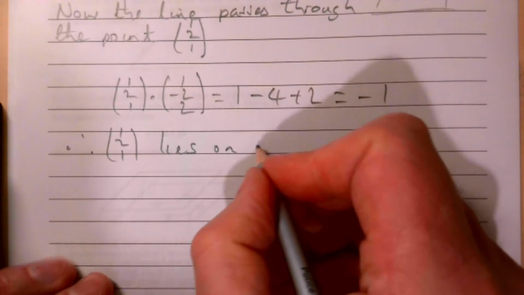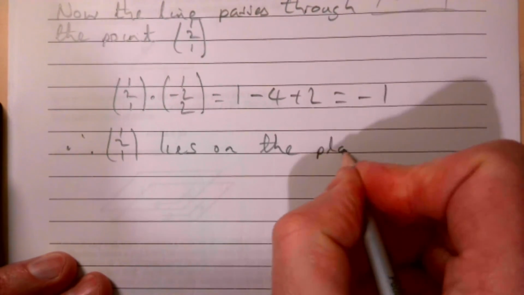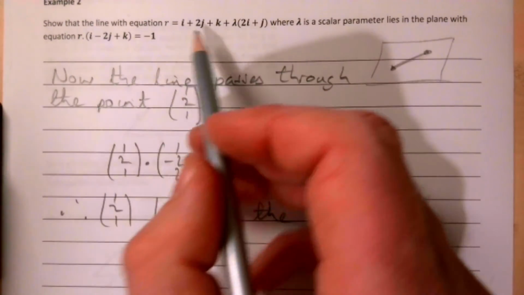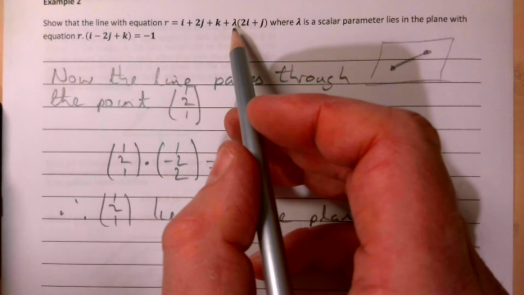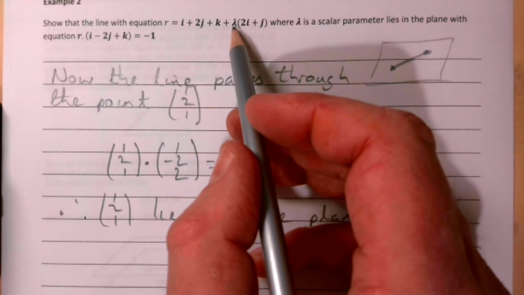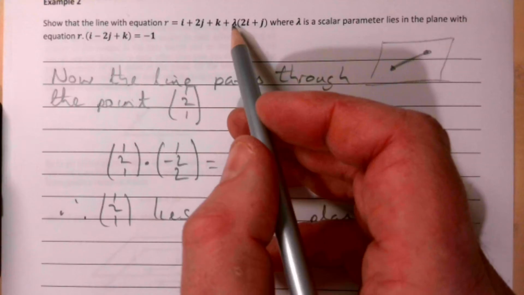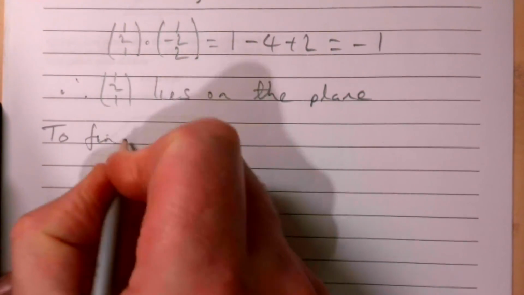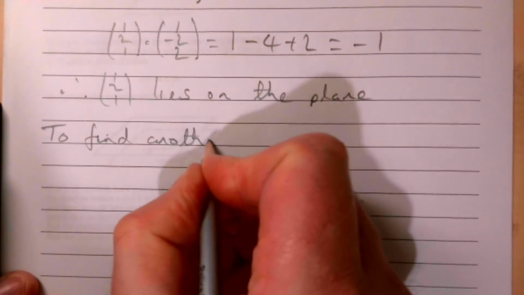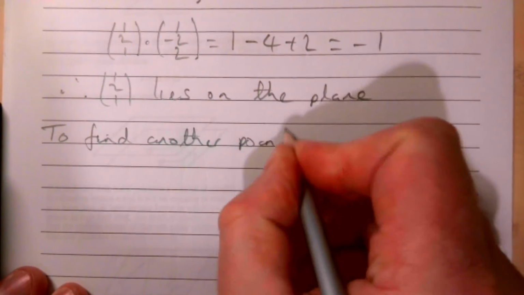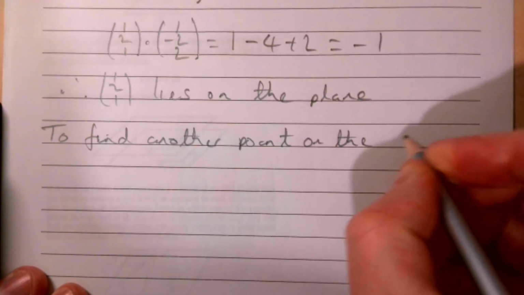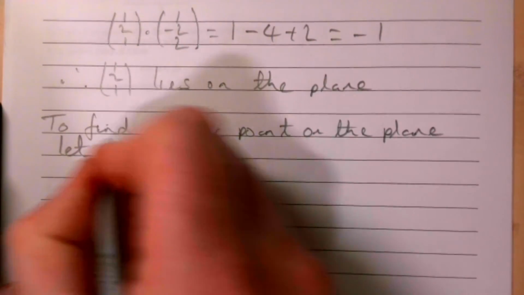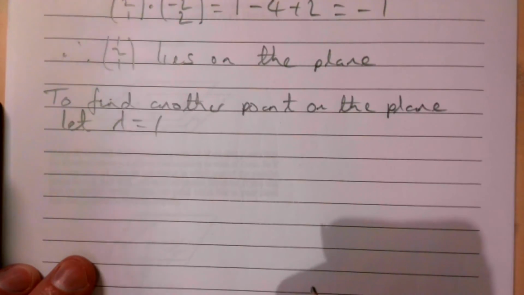lies on the plane. How do we find another point that's on this line here? Well, the way we generate points for this is we give in different values for lambda. So if we make it nice and straightforward and just let lambda equal 1, that's going to give us another point. So to find another point on the line, let lambda equal 1.